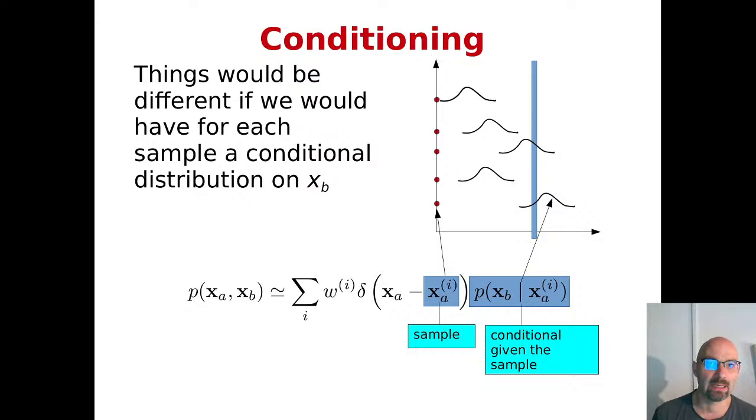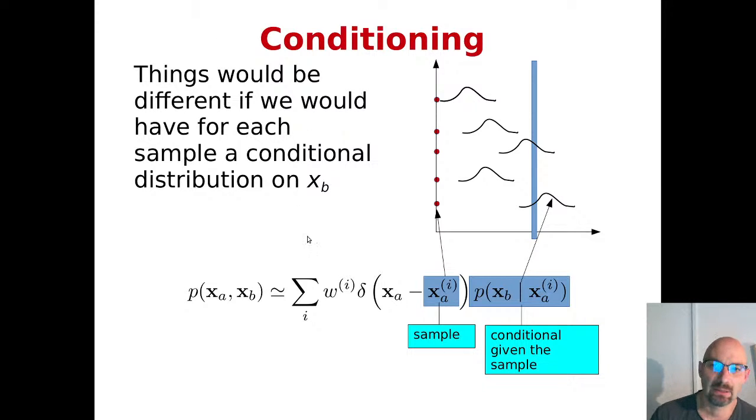We say, okay, I have a sample distribution, but it is not fully sampled. It's a mixture of a sampled distribution and a closed form, conditional distribution.